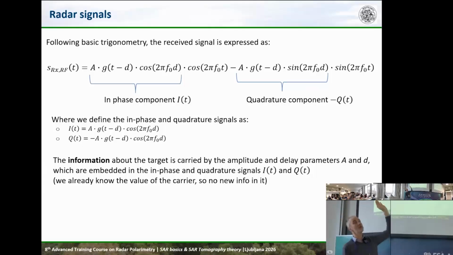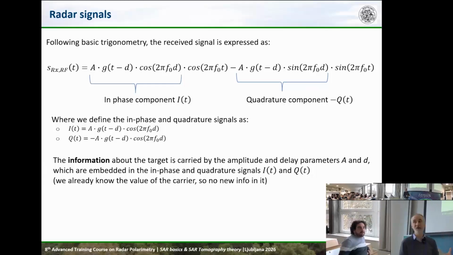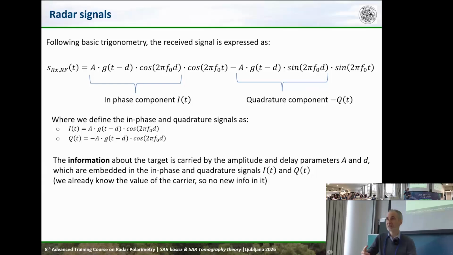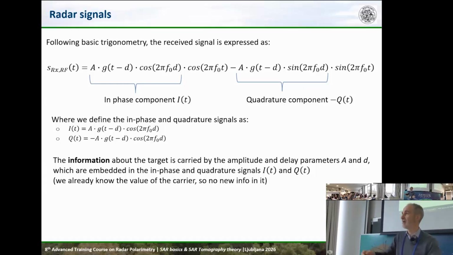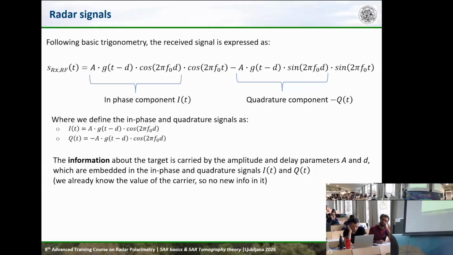And this is all you need, because you already know that the wave has been modulated with a carrier frequency f0, so you don't need it. What you need is the information about the delay, which you have embedded in the quadrature and in-phase signals, and also you want to look at their amplitudes, because the amplitude of the received signal is telling you something about the kind of target that can have triggered it.